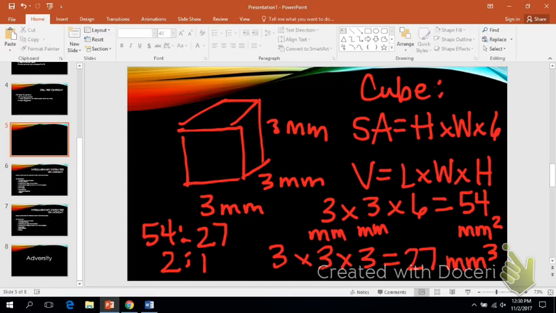So the surface area to volume ratio of this cube would be 2 to 1. The more surface area that you have with a smaller volume, the more efficient that cell is going to be, because that means that the cell membrane has more surface to move out waste or to move in nutrients. So it's going to be more efficient.